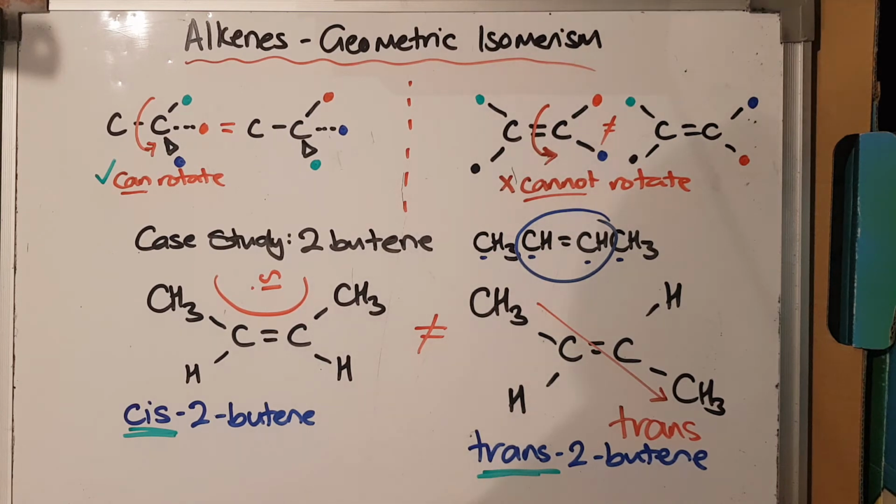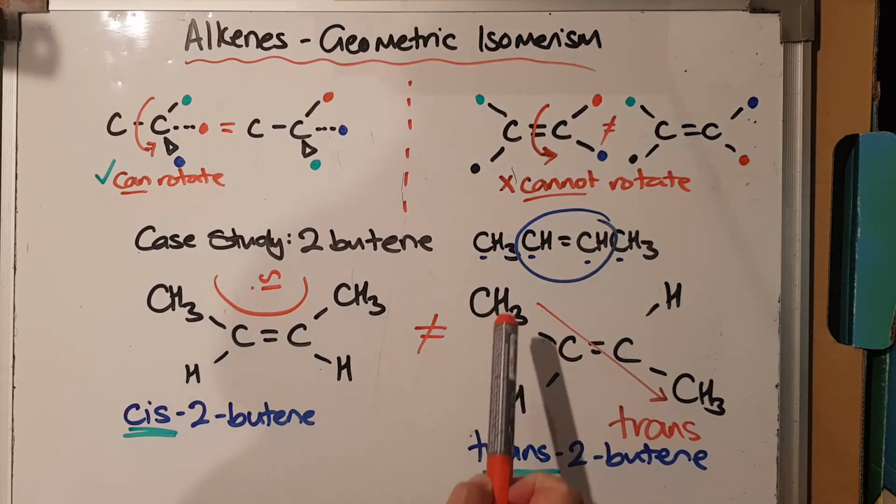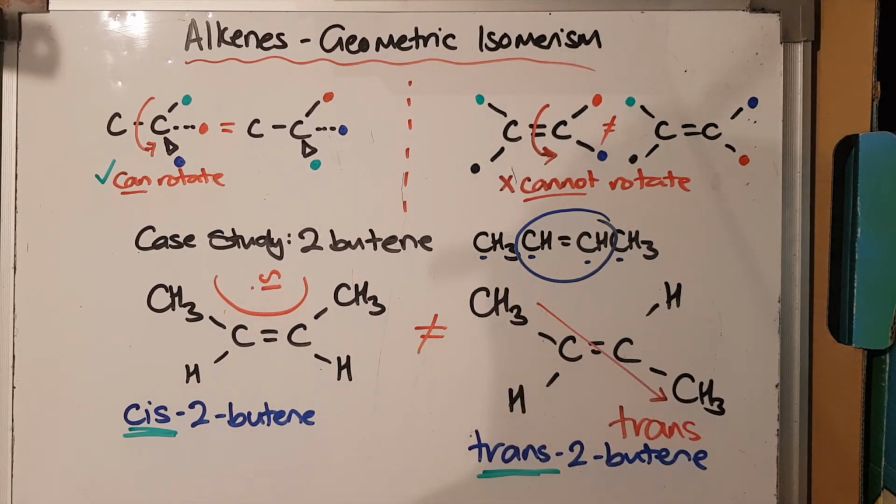So if the carbon chain goes through the double bond, as you can see the arrow showing there, then it's a trans isomer. So it'd be trans-2-butene. And again, the old name for this would be E-butene, and the E comes from the German entgegen, which means opposite. Opposite sides of the double bond.